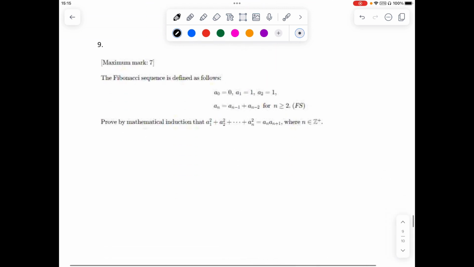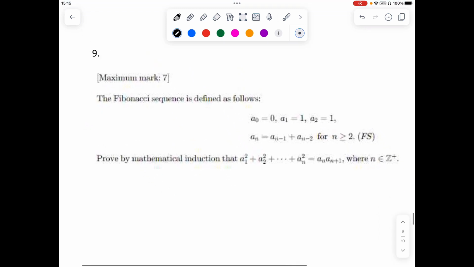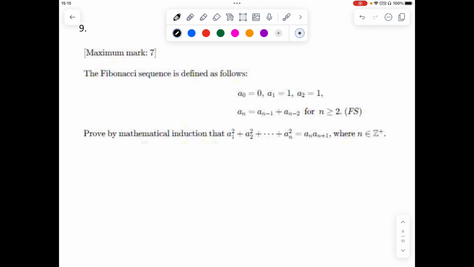Next, question number 9. The Fibonacci sequence is defined as follows. Prove by mathematical induction that a1 square plus a2 square plus up to an square equals an times an plus 1, where n belongs to z.